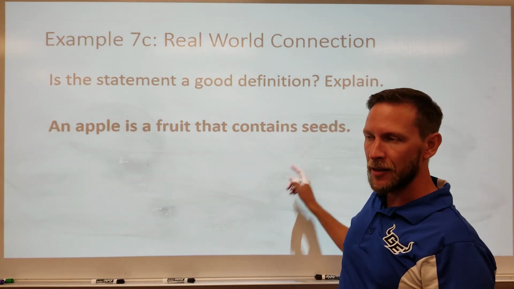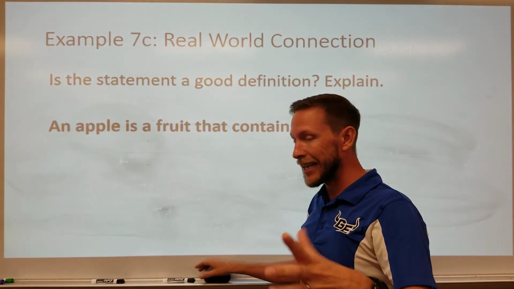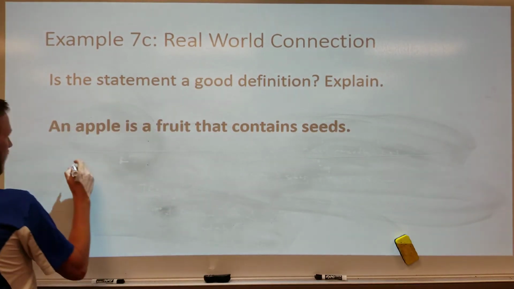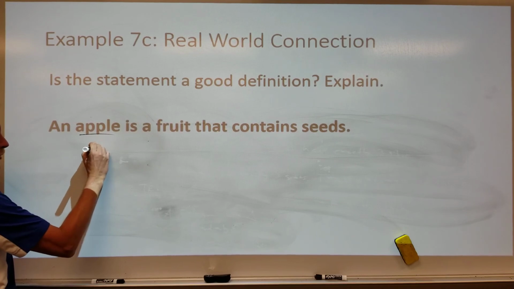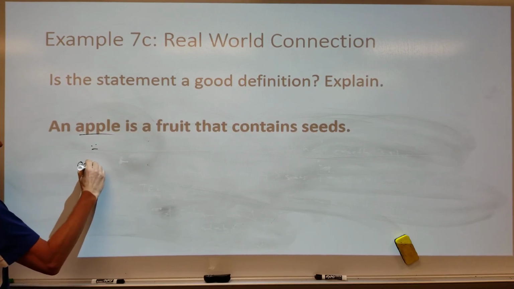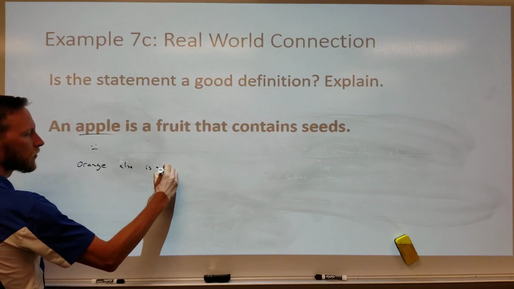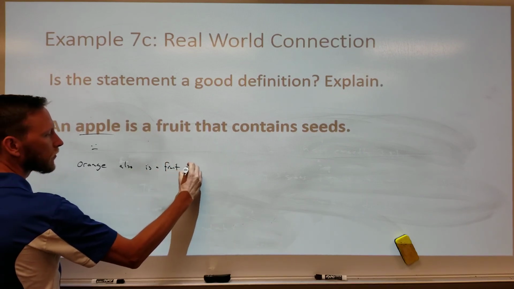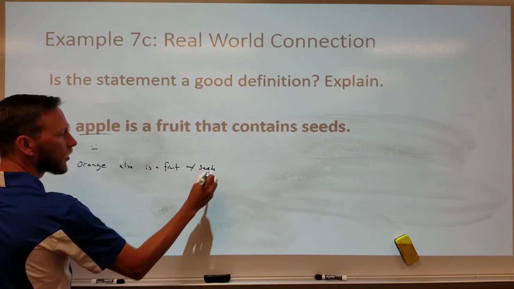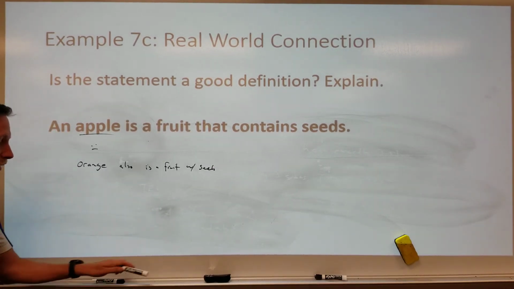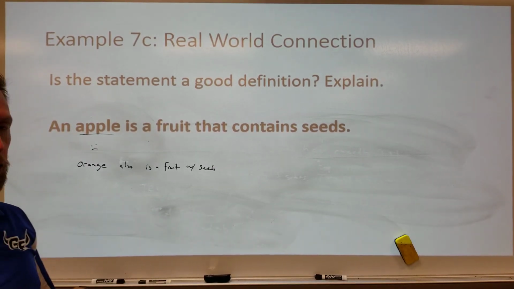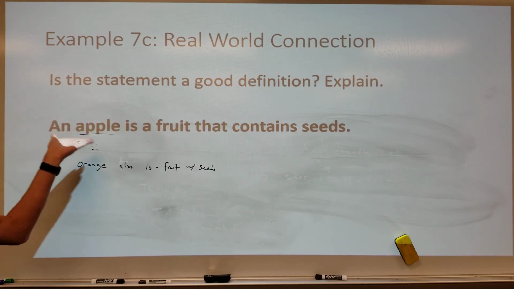All right? And in that way, you are providing a counterexample. So for us, I would say this is not a good definition of apple because an orange also has seeds. All right? And you could probably come up with any other number of counterexamples to show that this is not a good definition for what an apple is.